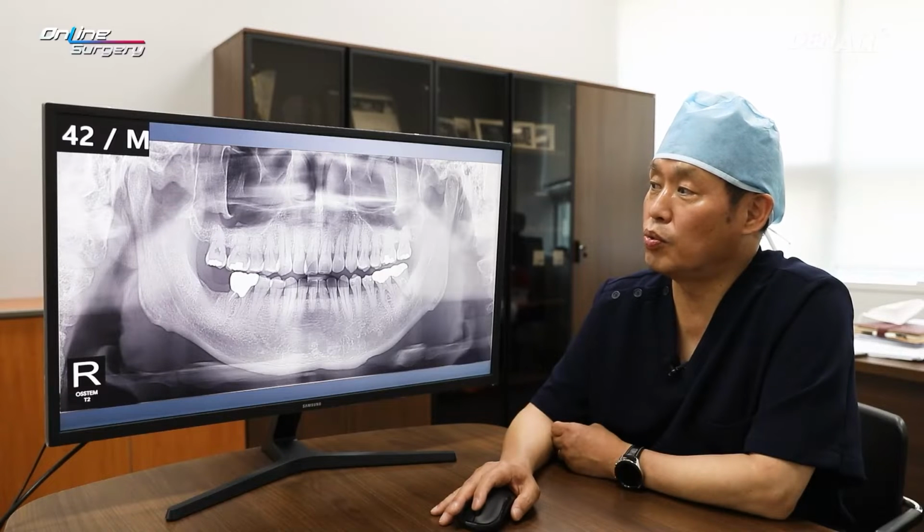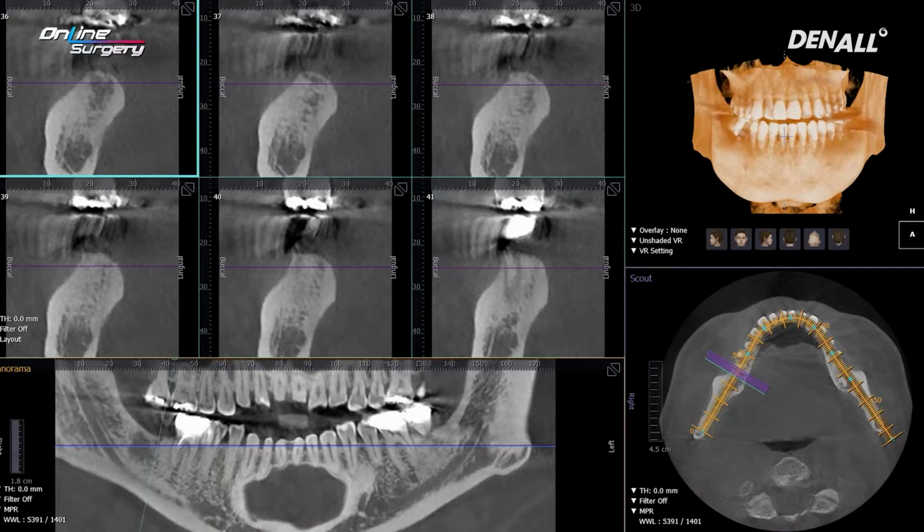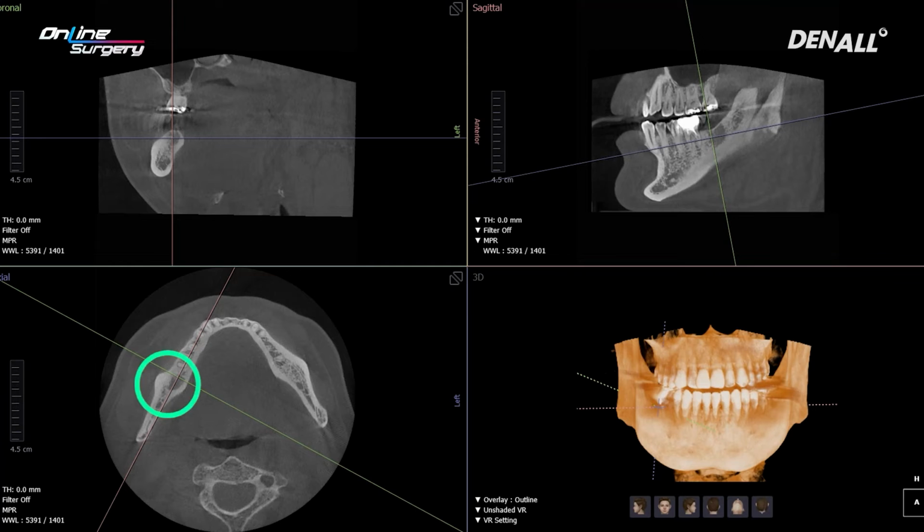If you look at the CT in number 47, bone is slightly more translucent. It has been a year since extraction, and if you look at the surrounding bone, you can see that a lot of bone is condensed around the radiolucent area.